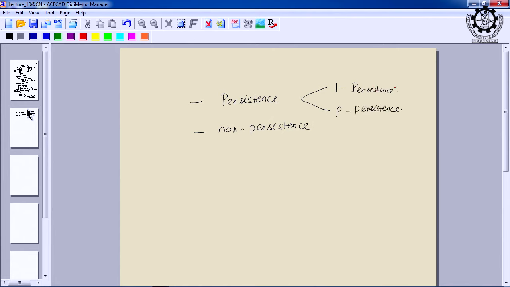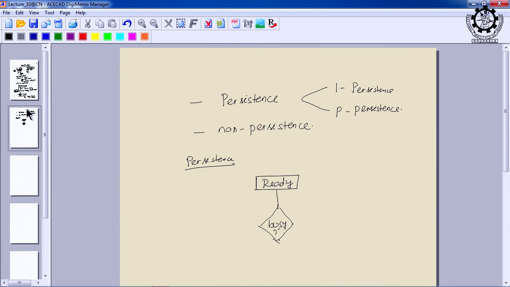To understand this, let us have a flow diagram of a persistence MAC protocol. Let us say a node is ready to transmit. So, when it is ready to transmit, it sends the carrier to find whether the channel is busy or idle.